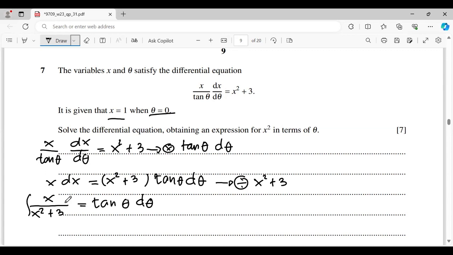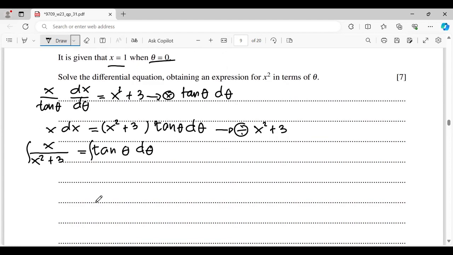After that, integrate both sides. For the substitution, to find the integral of x over x squared plus 3 dx, let u equal x squared plus 3, du equals 2x dx, so half du equals x dx.